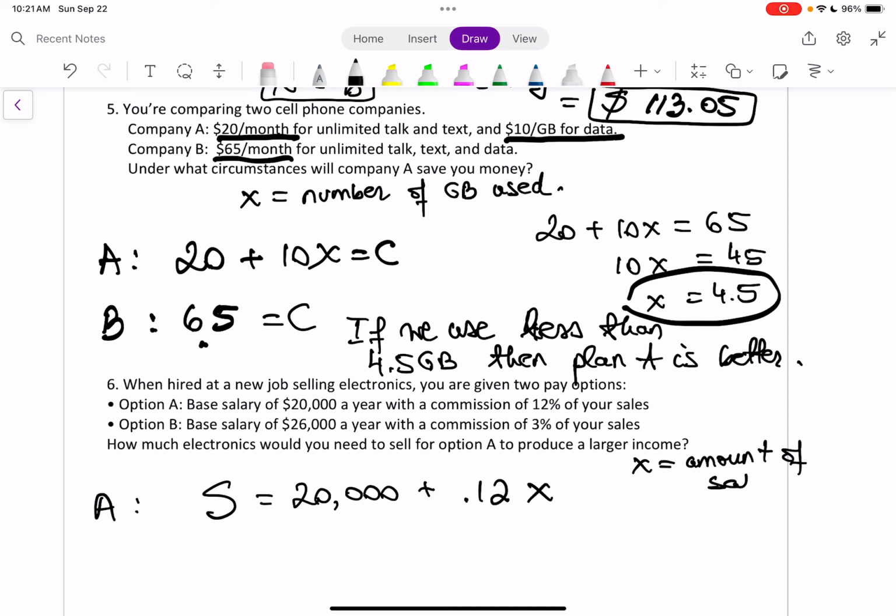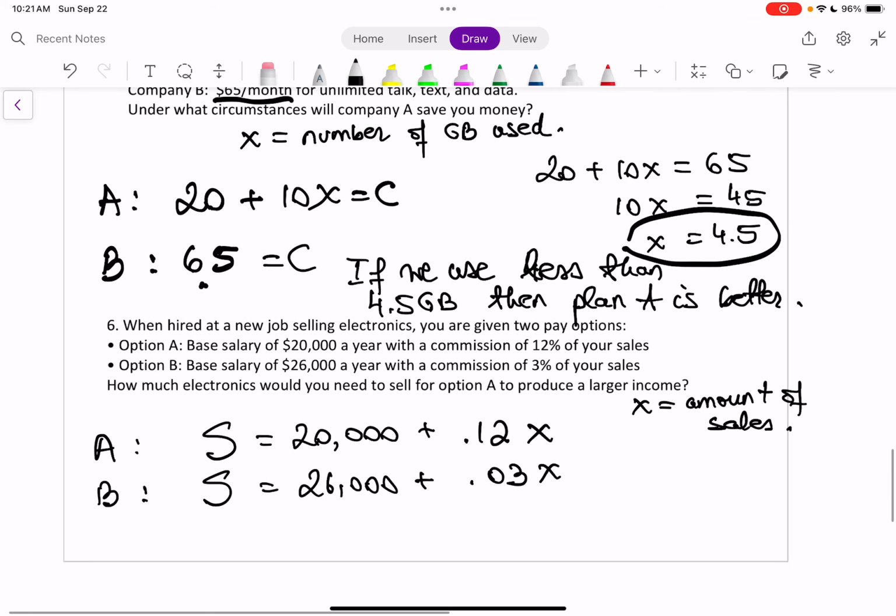And they're offering you 12% of whatever you're selling, plus $20,000 a year. Option B offers you a salary of $26,000 a year, but they only give you a 3% commission on the sales. So again, how much electronics would you need to sell for option A to produce the larger income?